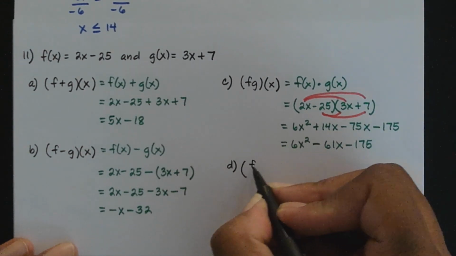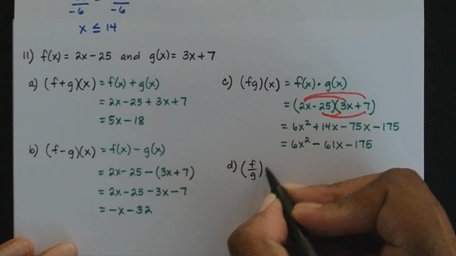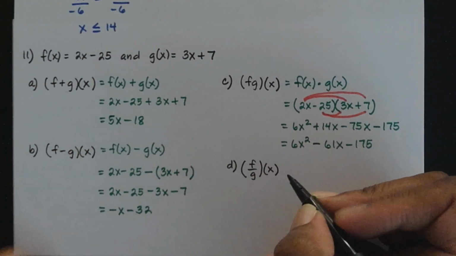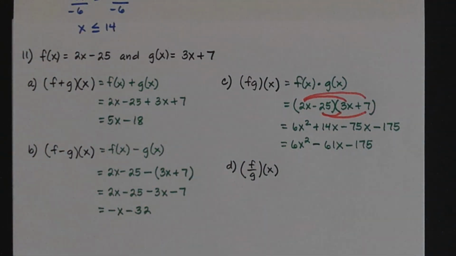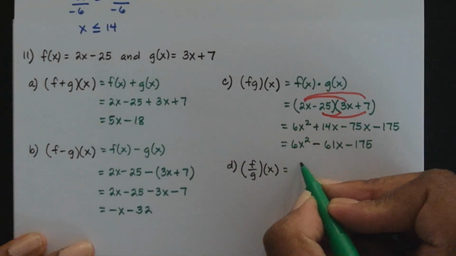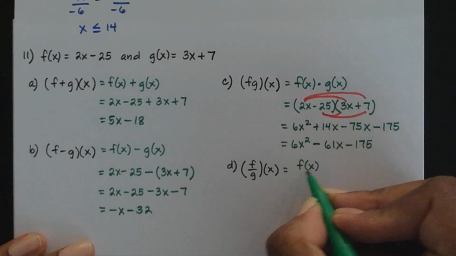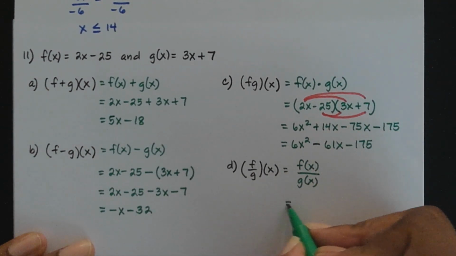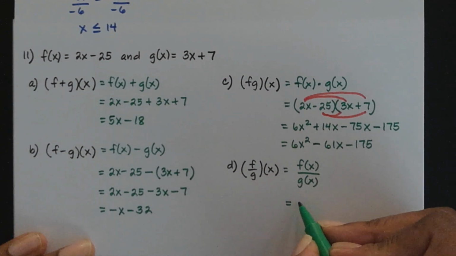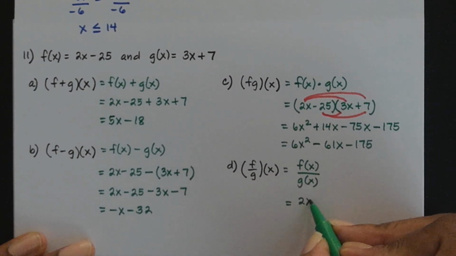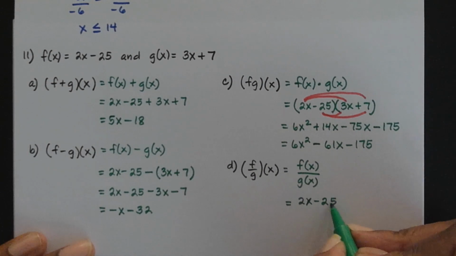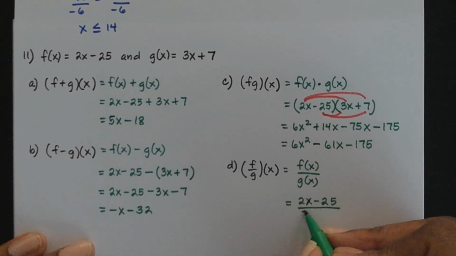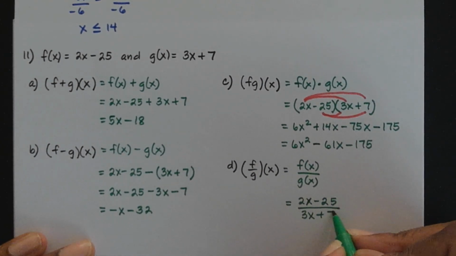And then part D is f divided by g of x. That simply means I'm going to take f of x and divide that by g of x. In this case, f of x is 2x minus 25 divided by g of x, that's 3x plus 7.